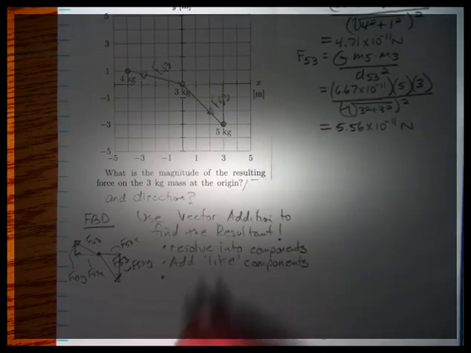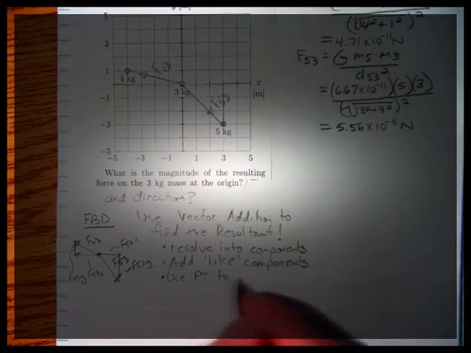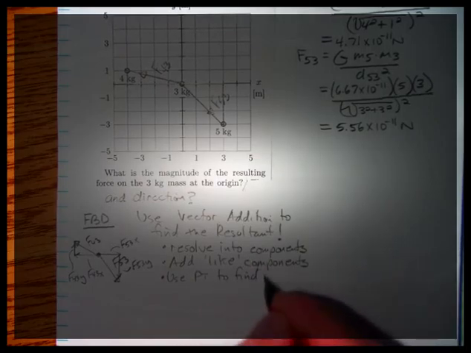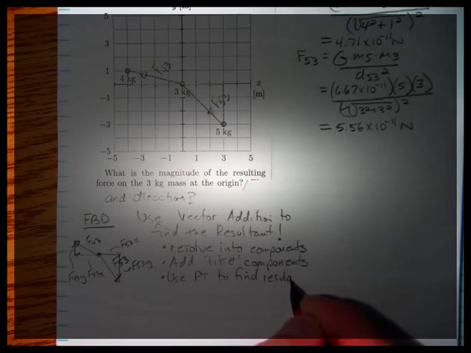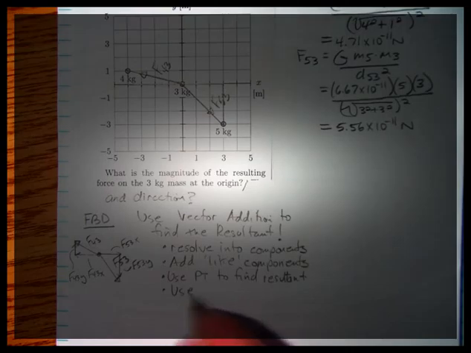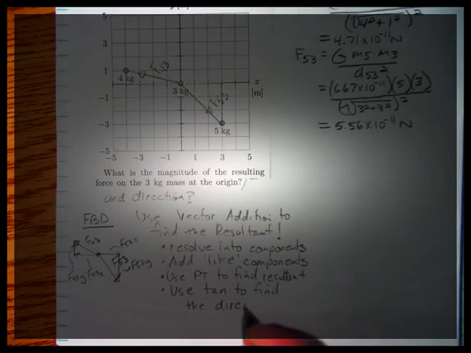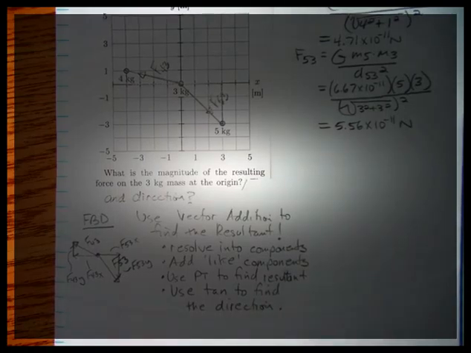Third, we're going to use the Pythagorean theorem to find the resultant. And we're going to use the tangent function to find the direction. So that's the next thing we're going to do.